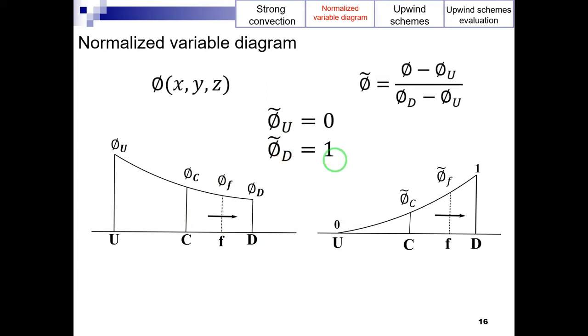Therefore, based on this figure, and as we will see later in this video, the normalized variable diagram describes the normalized convected control volume phase value at phase F with respect to the normalized adjacent upstream node value at C. Using this diagram, it becomes easy to realize when a scheme is both accurate and monotonic.